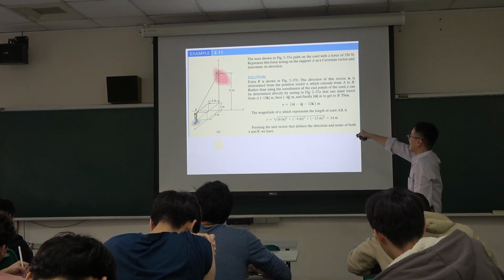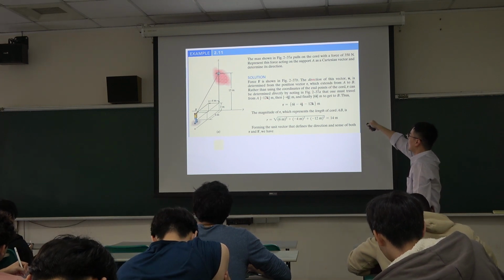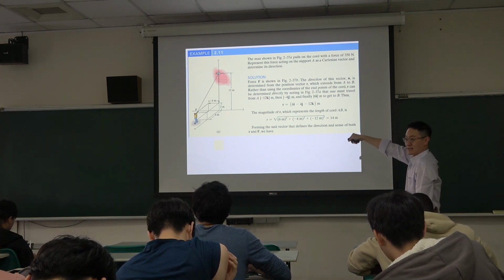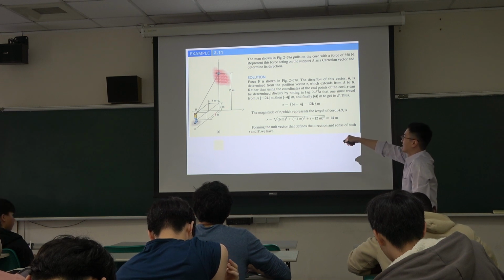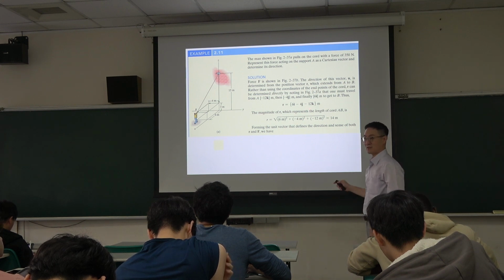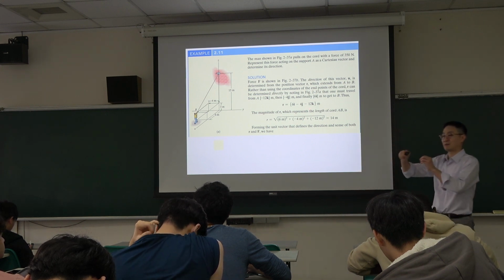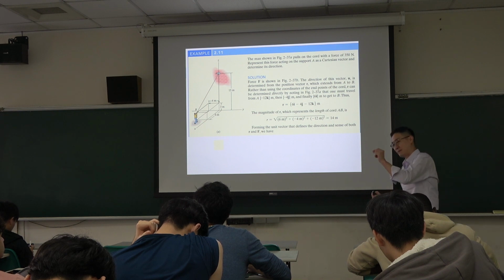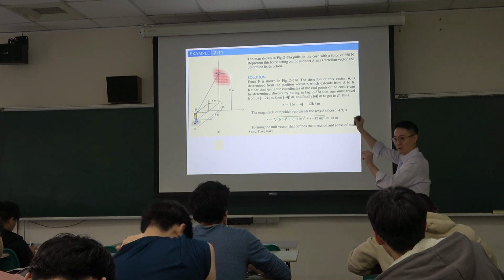A is 12 because the height is from 3 to 15. So the difference is 12. But here it shows negative. Show negative. That means it's from A to B because we use point B minus point A.